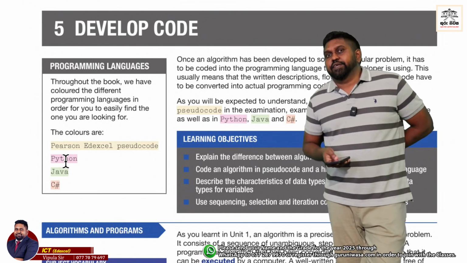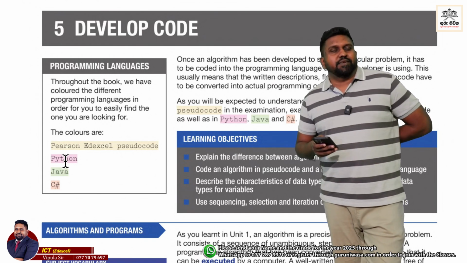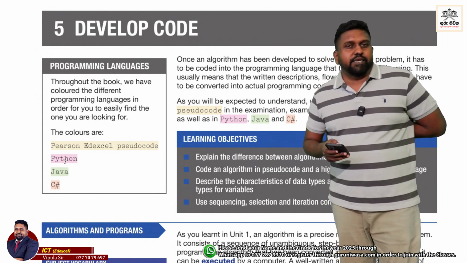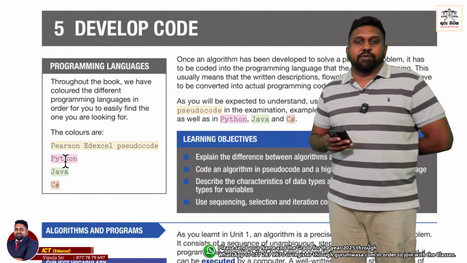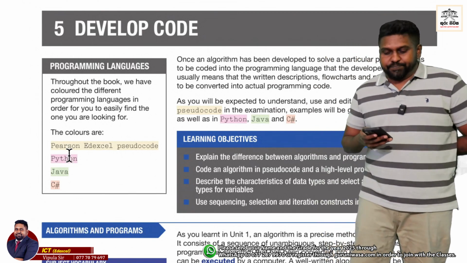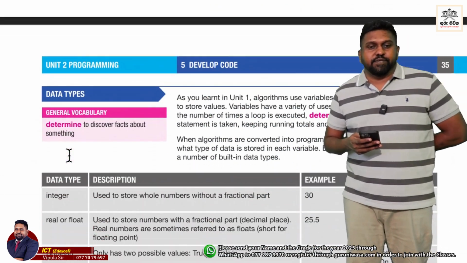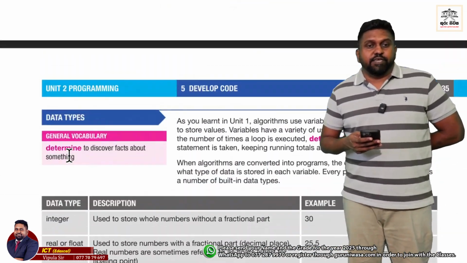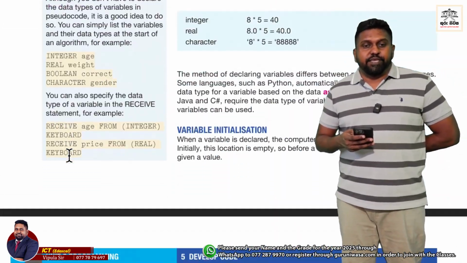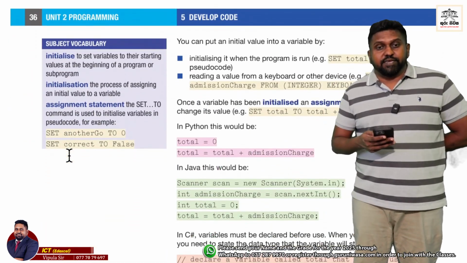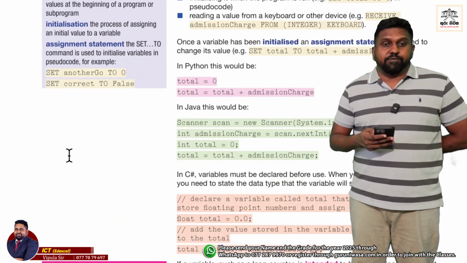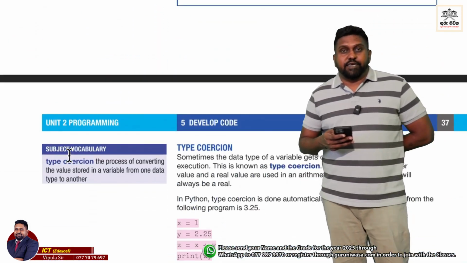I'll show you a few tips and tricks on how to do it online, so that you don't have to set up all these platforms on your PCs, because setting it up is a bit of a hassle. From the next class, we'll completely jump into programming.